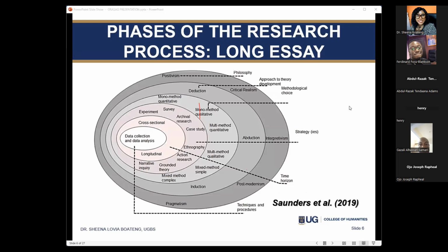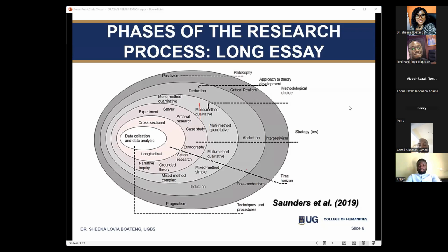And like I said, whether you're writing a long essay or thesis will determine how deep you go with explaining your research methodology. So you will notice that if you pick a PhD thesis or an MPhil thesis and you pick a long essay, the level of detail that they will go into talking about their philosophy, the methodological choices they are making, the research approach they are using, the strategies that they are using, and their data collection and analysis will not be as detailed as can be found in a thesis.